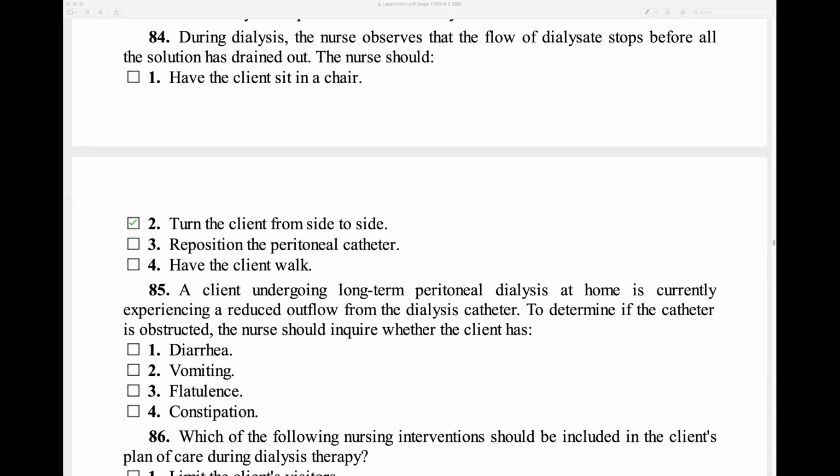A client undergoing long-term peritoneal dialysis at home is currently experiencing a reduced outflow from the dialysis catheter. To determine if the catheter is obstructed, the nurse should inquire whether the client has.